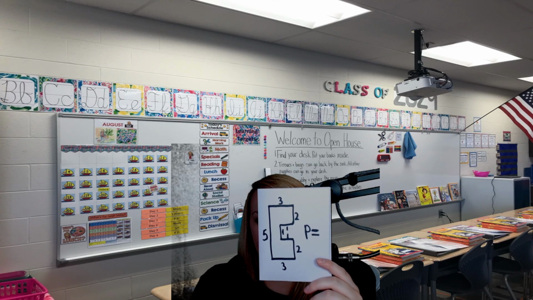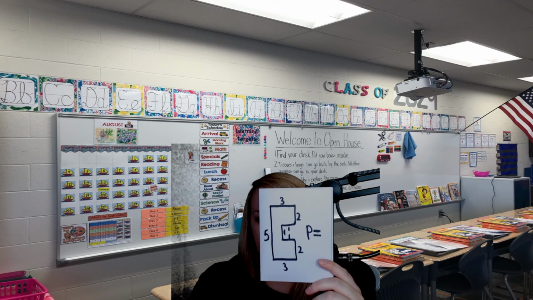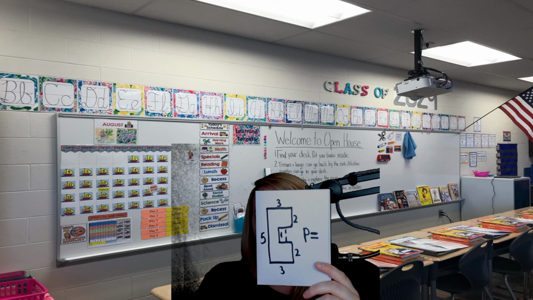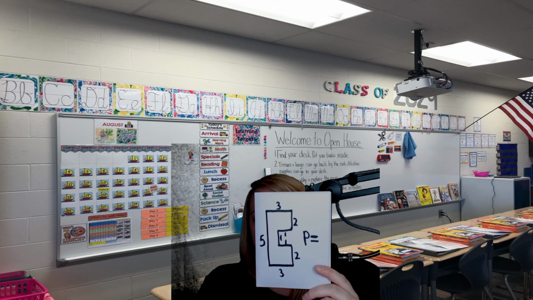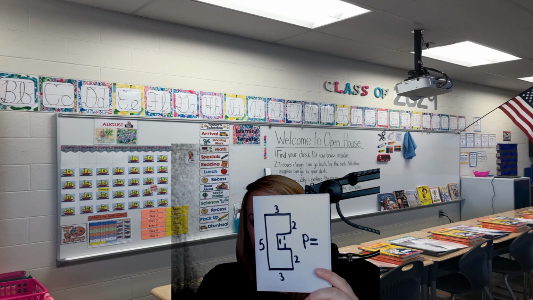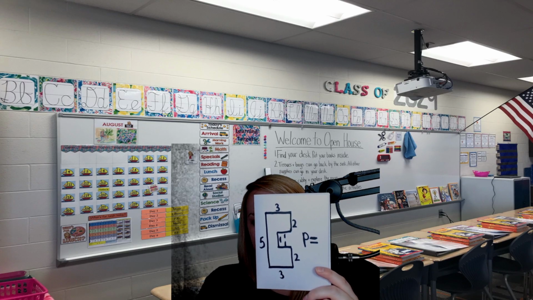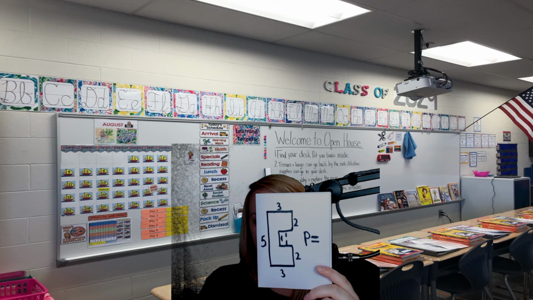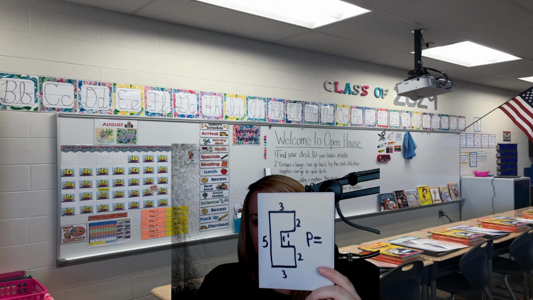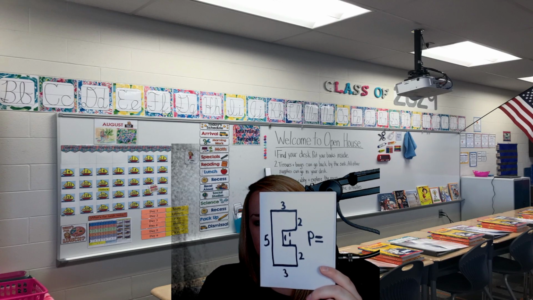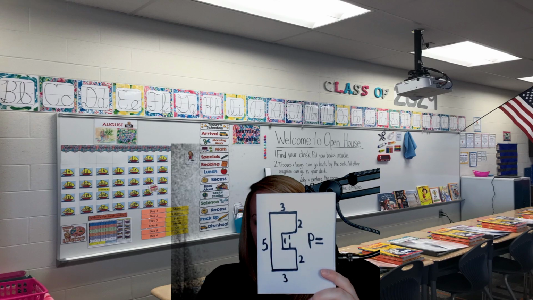And then you're going to find the perimeter. Perimeter you can measure. Add up all the sides. You're going to add 5 plus 3 plus 2 plus 1 plus 1 plus 1 plus 2 plus 3. I'm going to give you a minute to draw, write, and solve that.